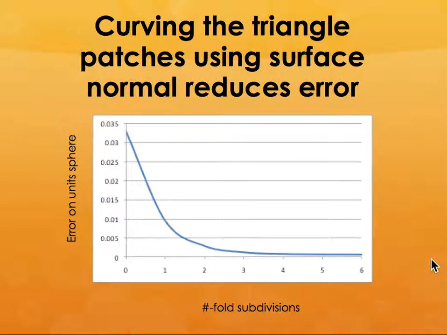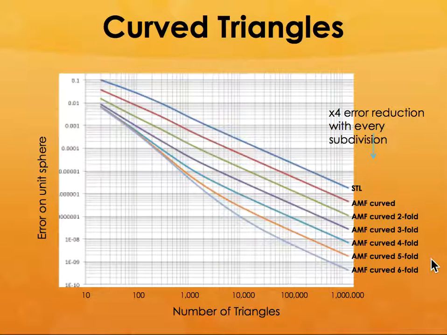Okay, so it can be brought down using surface normals of the triangle patches. So these are the different error reduction methodologies in your design approaches. Depending upon the design approach, you can reduce your error, but that increases the time it takes to build the part.